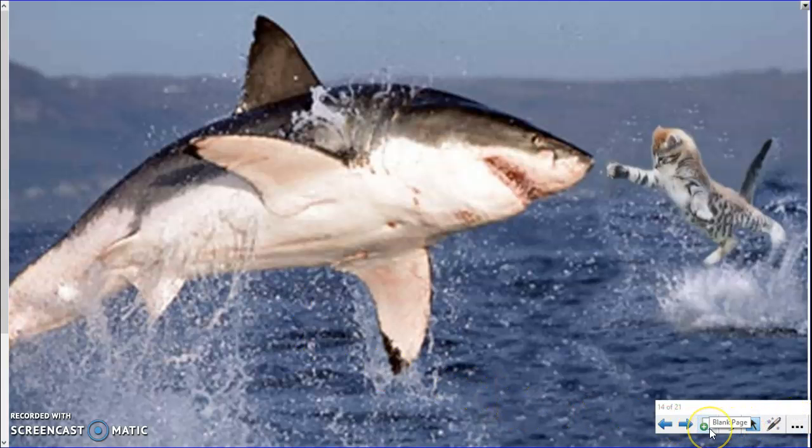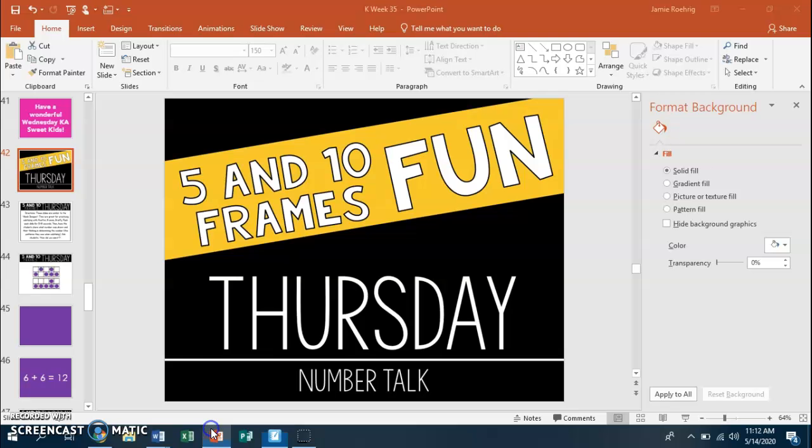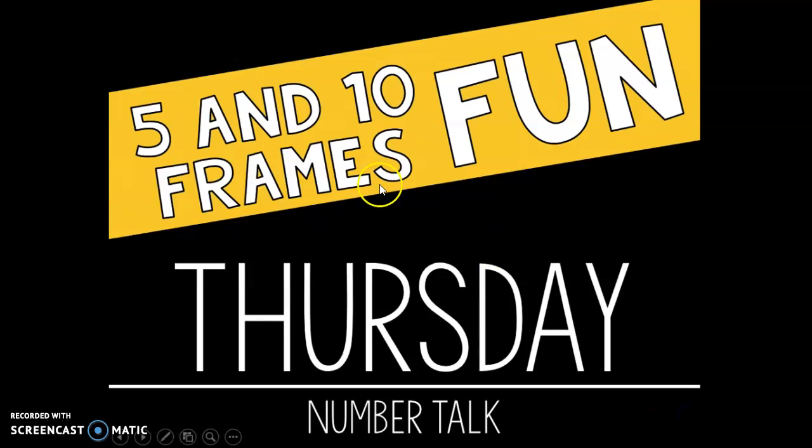All right, so let's go ahead and move on to our number talks. And for number talk today, for Thursday, it's 5 and 10 frames fun. Now, remember, I'm going to show you the 5 and 10 frame, and I'm only going to show you for a little bit. So try very hard to figure out how many dots are in the 10s frame. And remember, try and put those dots where it helps you count by either 10s or 5s, where you can see it very clearly, okay?